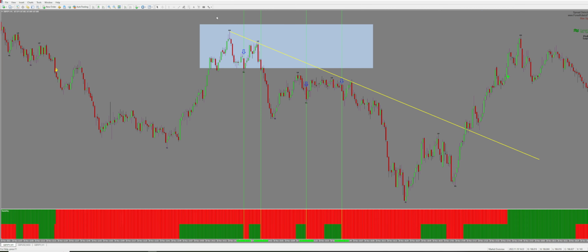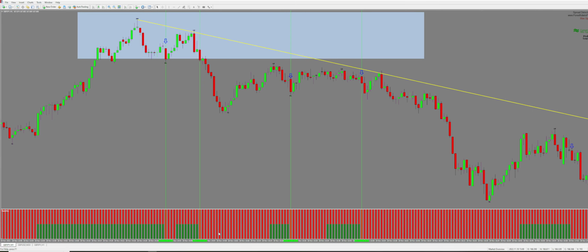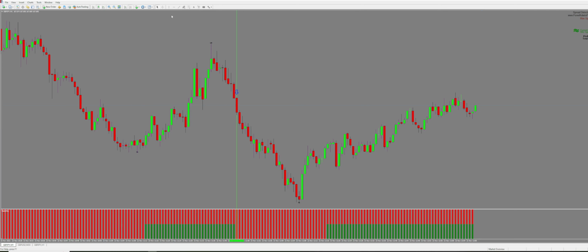How difficult would this be for someone else to replicate signals that are generated by this tool? It wouldn't be hard. It wouldn't be hard for someone to replicate these signals, because you just have to wait for the tool to tell you, and it does it in real time. Currently it's saying we are in a deep retracement, right?